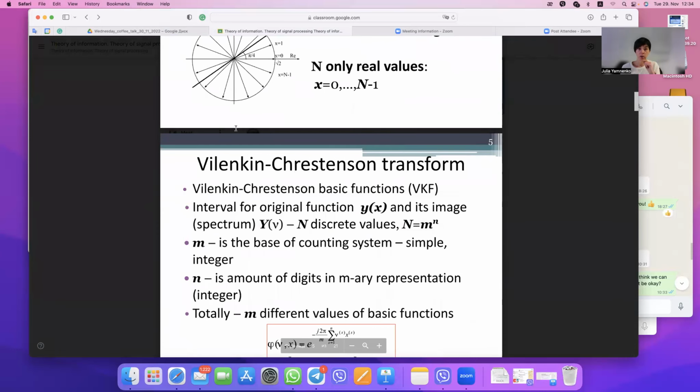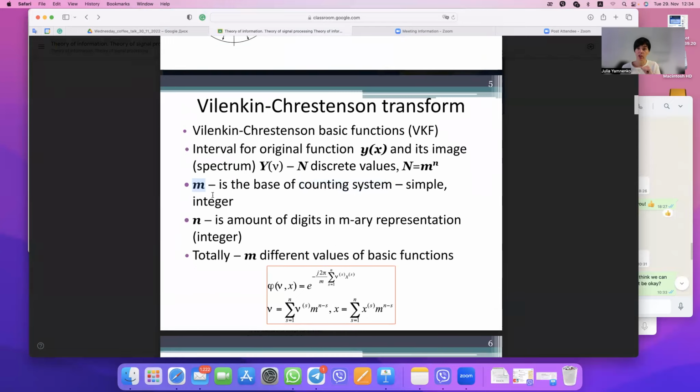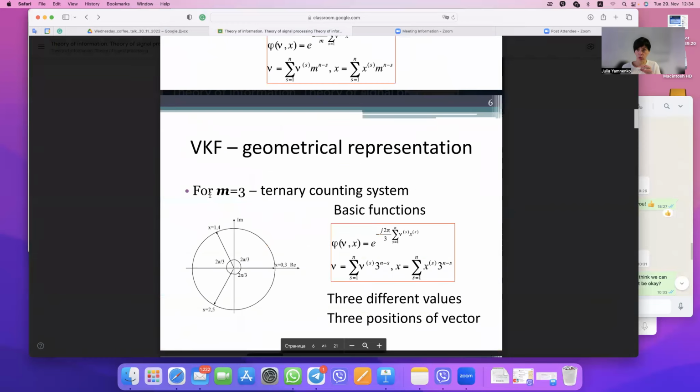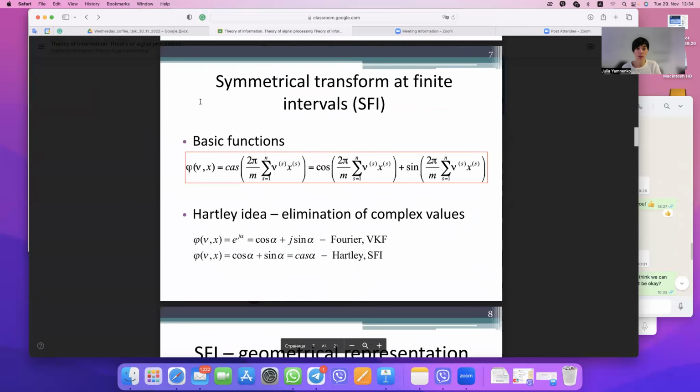Then the idea of the Vilenkin-Christensen transform is to use another counting system with the base m, which leads to a significant decrease in the number of different placements of the basic functions on the complex plane. So joining together these two ideas, we obtain a new method, a symmetrical transform at finite intervals.